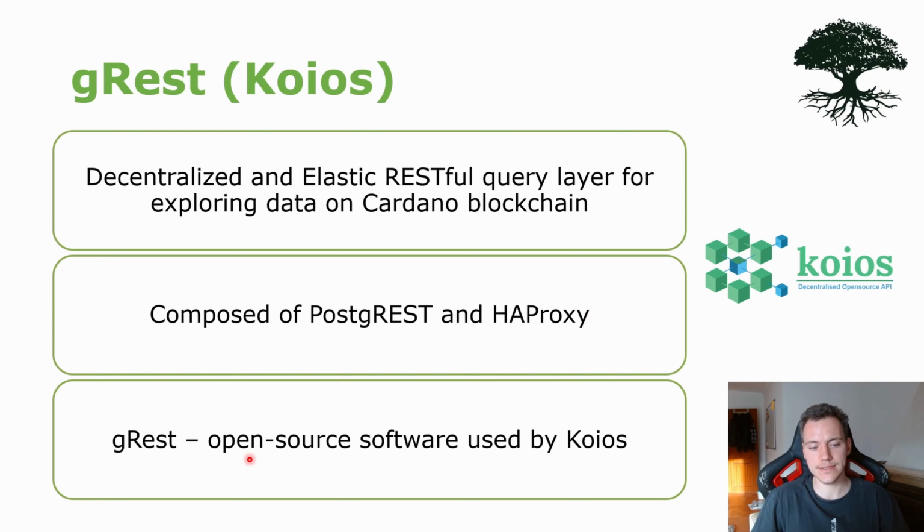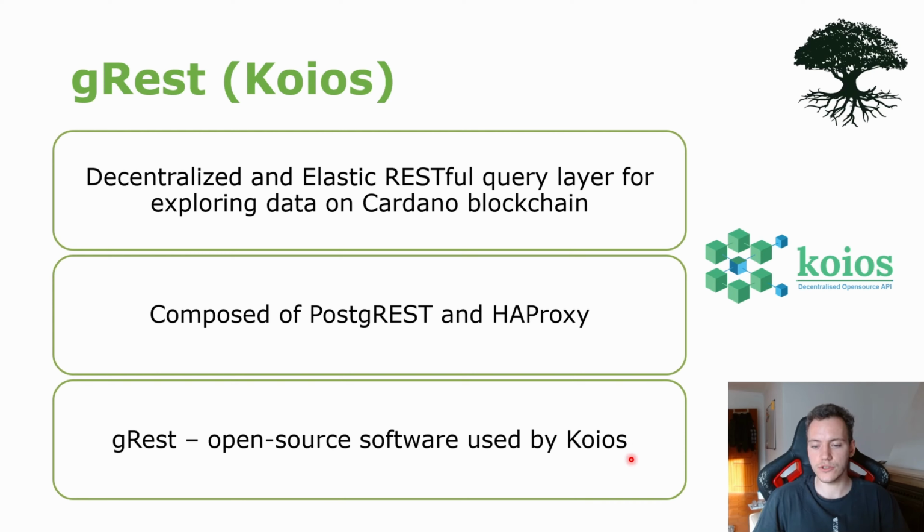gRest is the open source software used by Koios. So why am I saying gRest, Koios? What is the difference? So strictly speaking, gRest is the software that we'll be setting up. So we'll be setting up a gRest node basically, and it's called gRest because REST because it's a REST API, and G stands for Guild because this software was developed by the Guild operators.